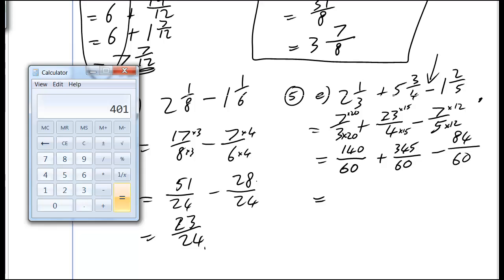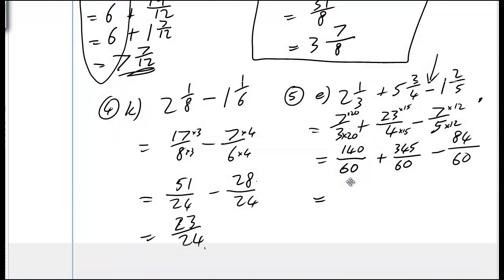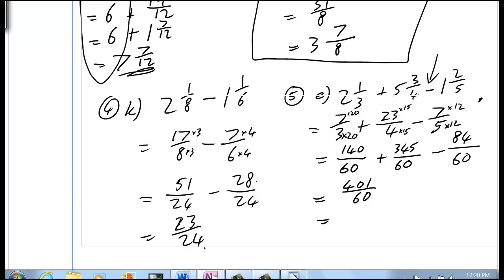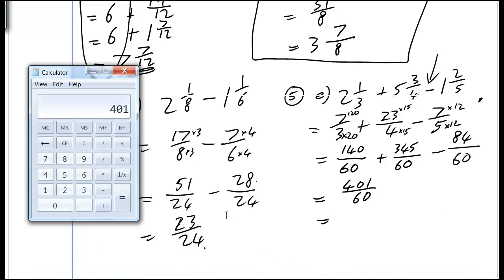So it'll be, hang on, come on, get the pen sorted. 401 over 60. Let's convert that back into a mixed number. So let's see how many times 60 will go into it. So divide that by 60.